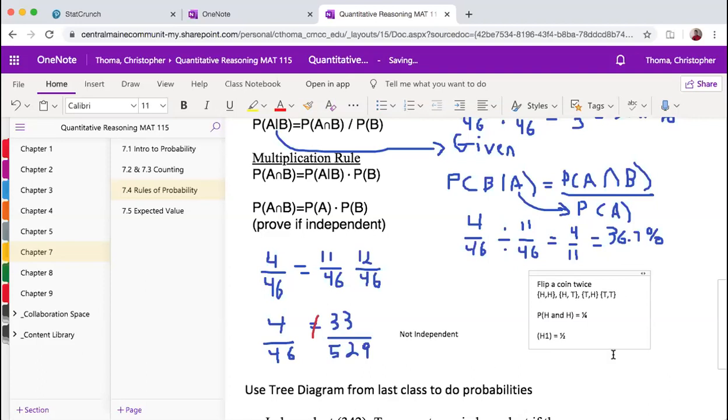And then the probability of heads on the second flip equals 1/2. If I use my formula, outcome 1 times outcome 2, so 1/2 times 1/2 equals 1/4, which is what we got up here.